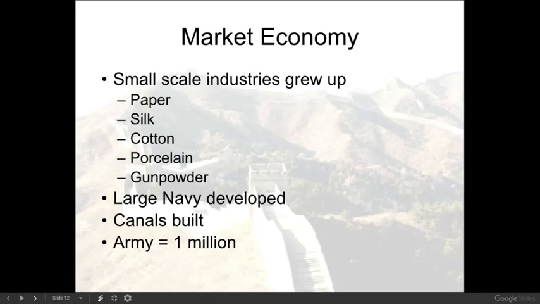They had things like paper, silk, cotton, porcelain, which is spelled P-O-R-C-E-L-A-I-N. Gunpowder, which I already mentioned, gunpowder.